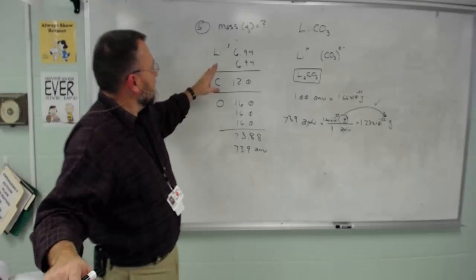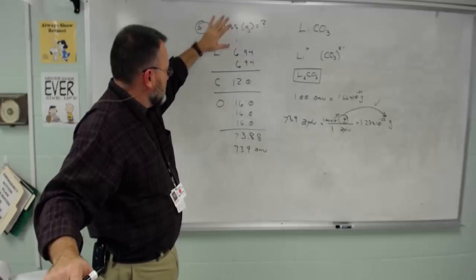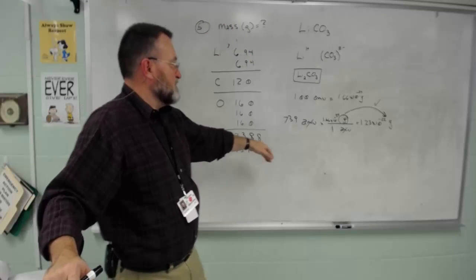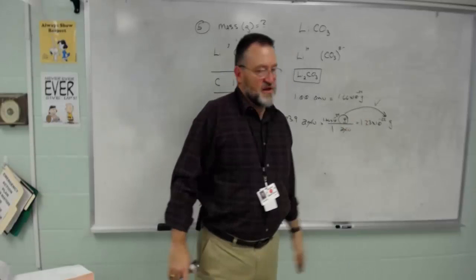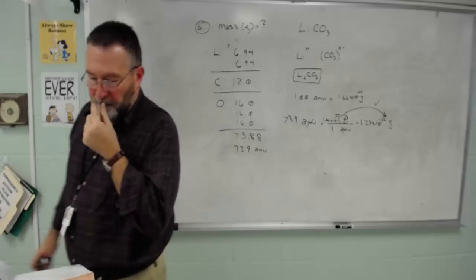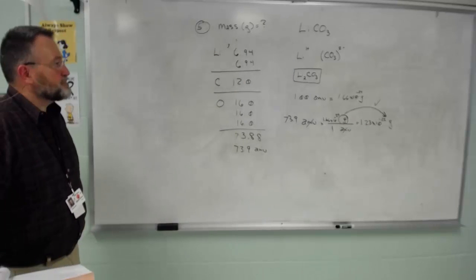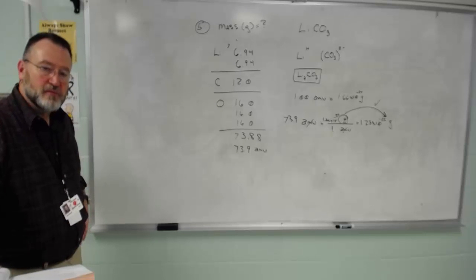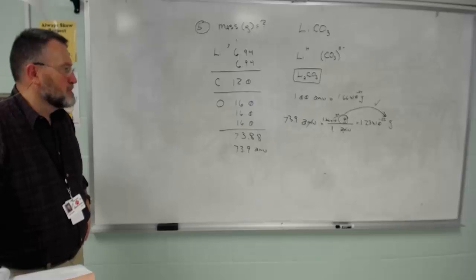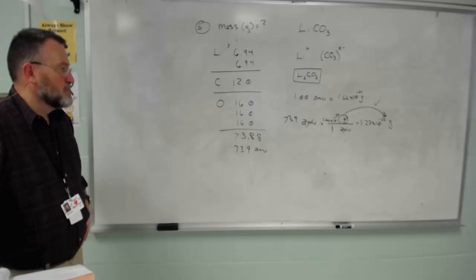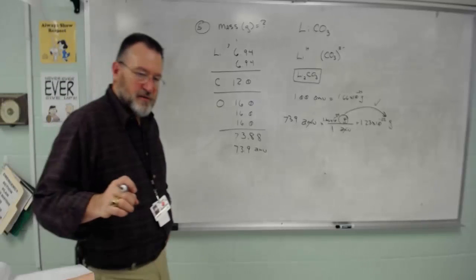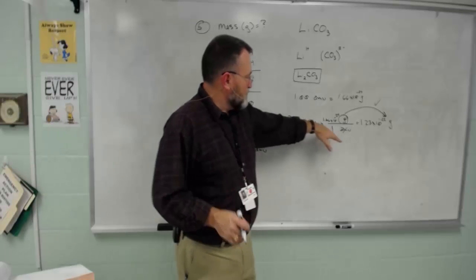So 1 lithium carbonate molecule has a mass of 73.9 AMUs, which is also equal to 1.23 times 10 to the negative 22nd grams. All right? Yes, sir? How would you put it in the calculator to get the 1.23? When you multiply the 73.9 and the 1.66?